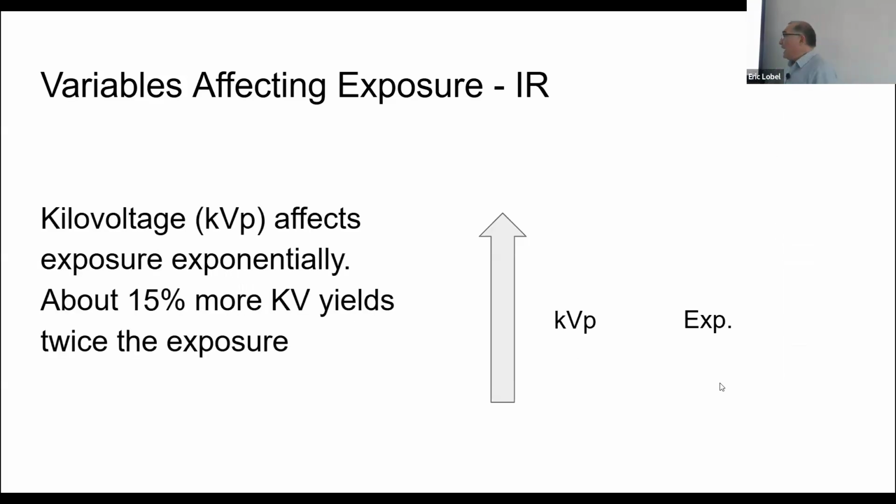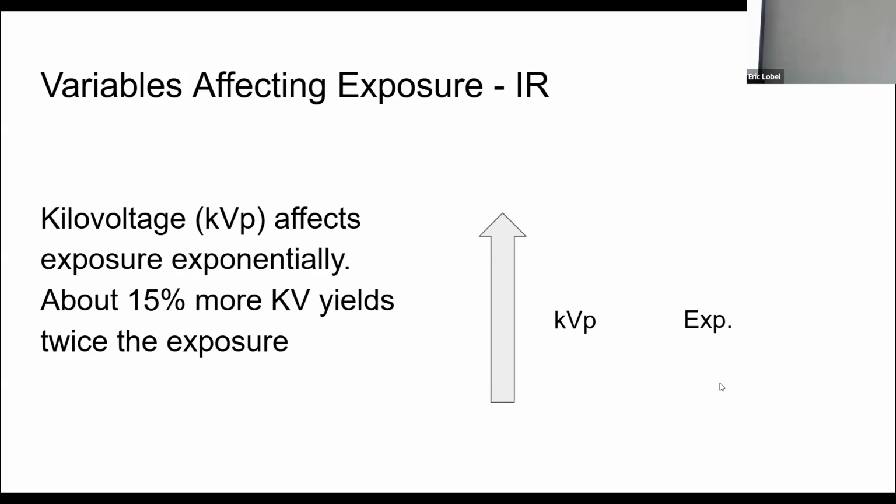Okay, we said kV affects exposure as well as intensity, and has a factor in contrast, and has a factor in differential absorption, and has a factor in the penetration of the beam. So kV does a lot of things, which is why I don't try to mess with it too much. However, when we increase kV, we know that a little bit goes a long way.